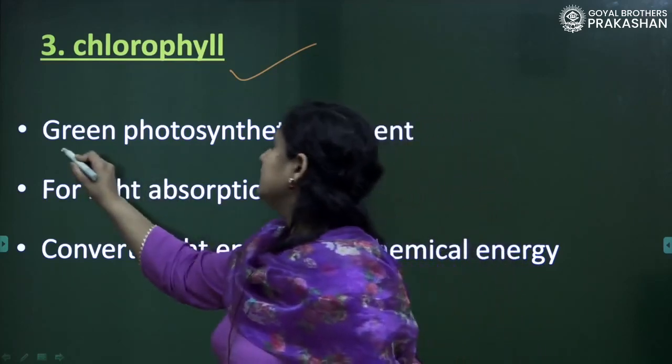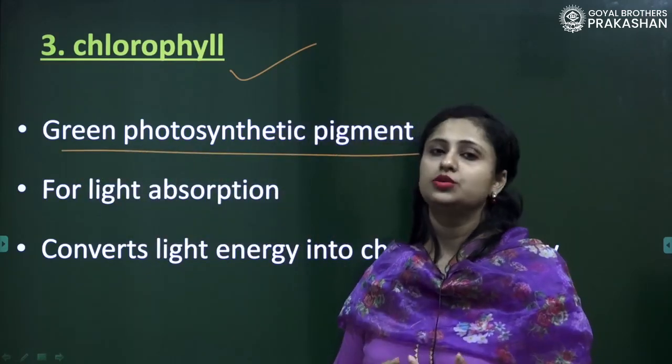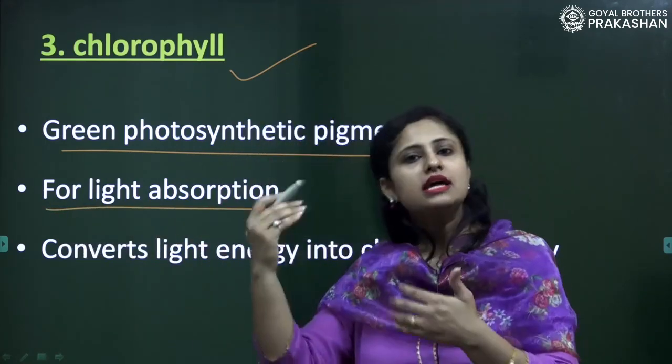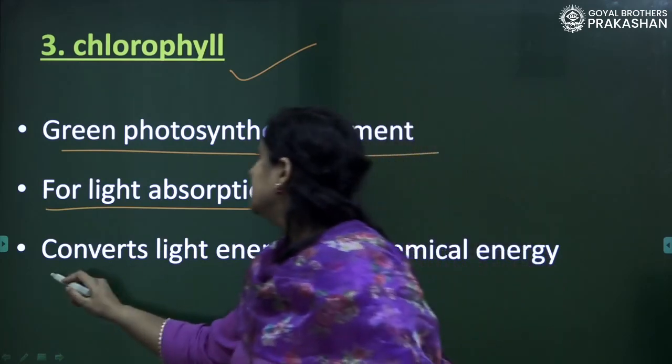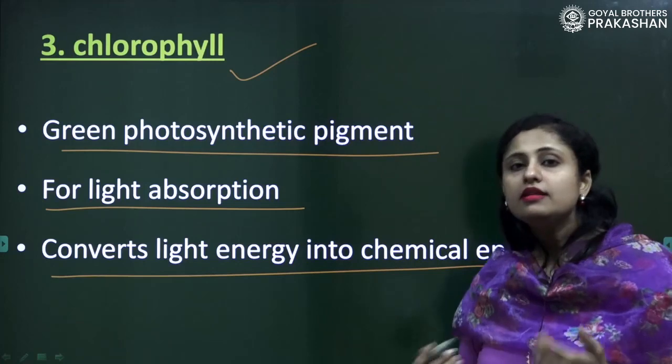The green photosynthetic pigment is responsible for giving green color to the plant. It is used to absorb sunlight.